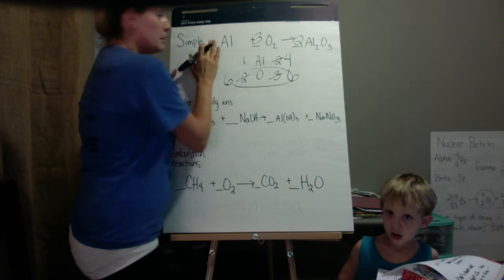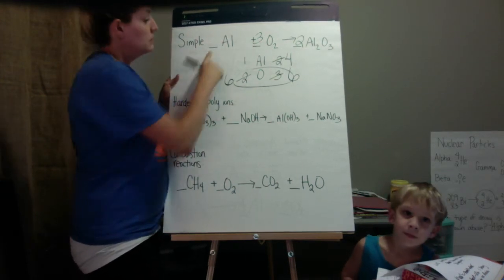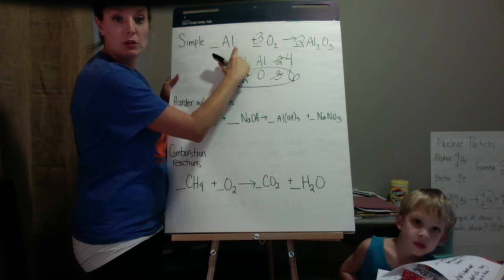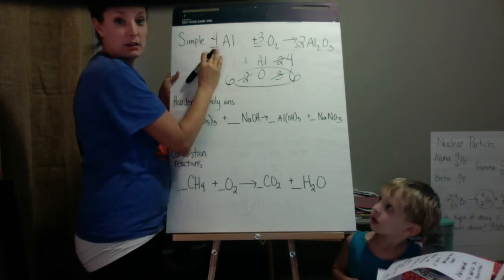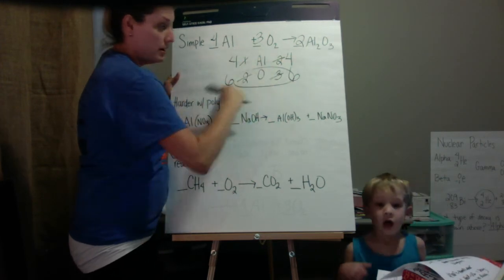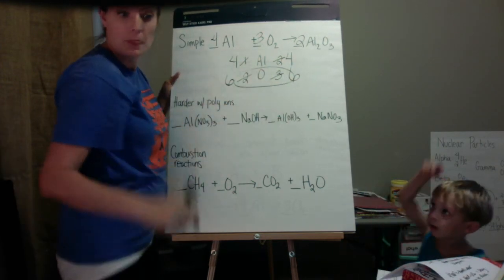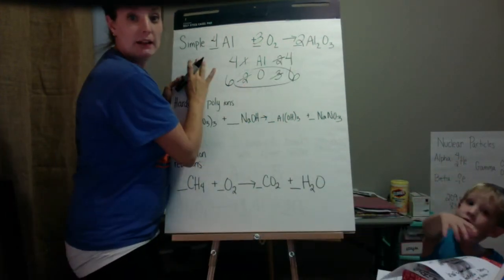So I have to stick a number in the front right here to make me have 4 aluminums. Well, I'm multiplying by 1. Remember, when you don't see a subscript, it's 1. So if I stick a 4 in the front, that's 4 times 1. I have 4 aluminums. And now my counts are the same. So that would be balanced. Okay?